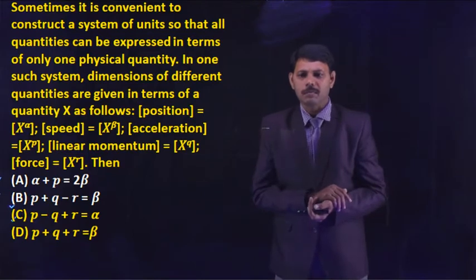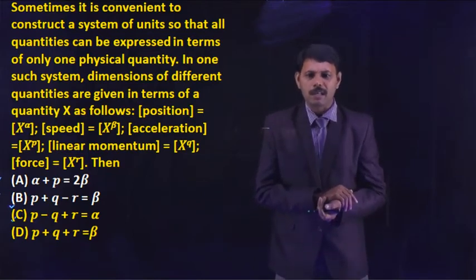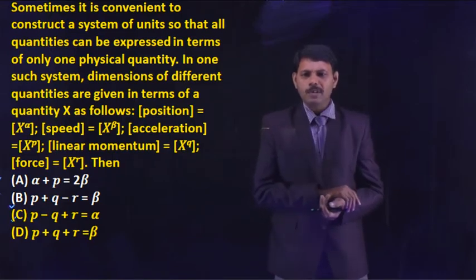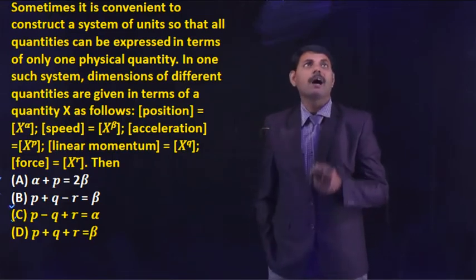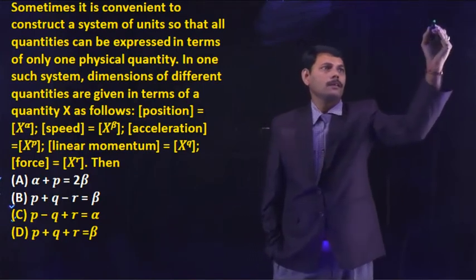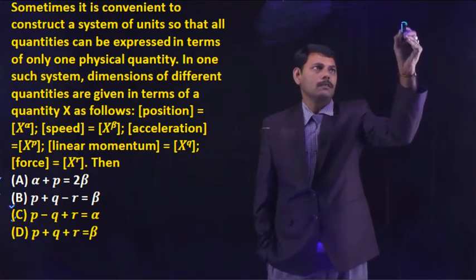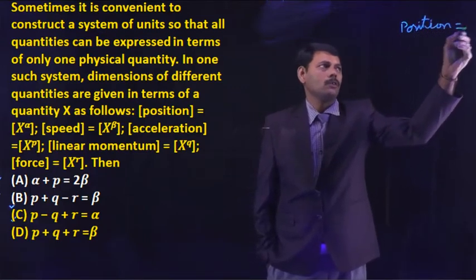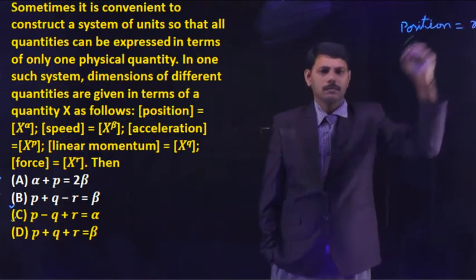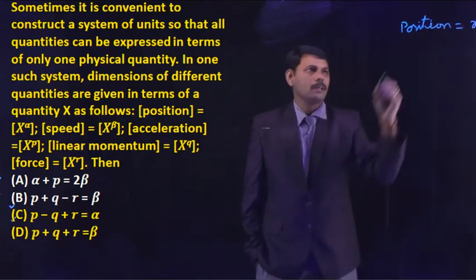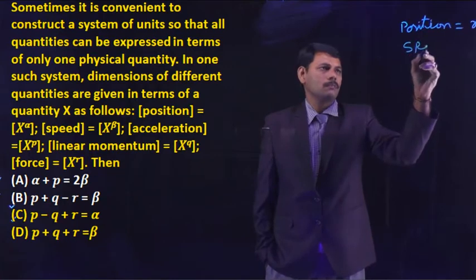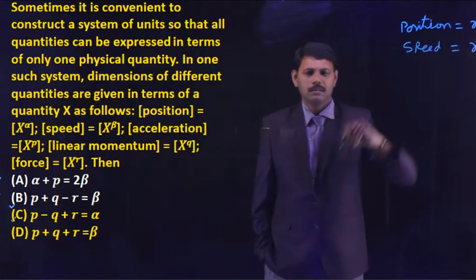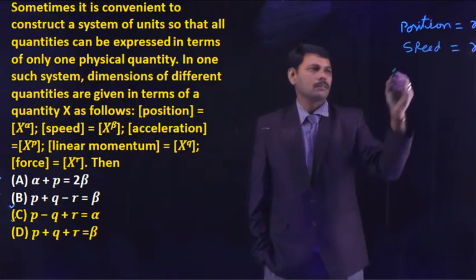In one such system, the dimensions of different quantities are given as follows: position is equal to x power alpha, and speed is equal to x power beta.